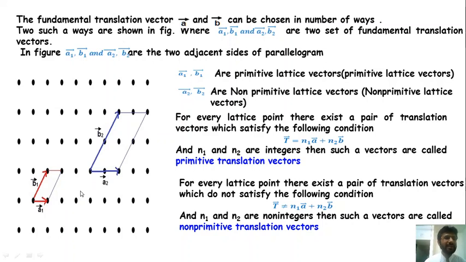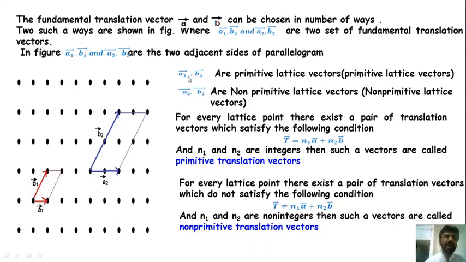Similarly here these fundamental vectors are used to generate a parallelogram. So here this is one parallelogram and this is another parallelogram. Here A1 and B1 are the sides of this parallelogram, and A2 and B2 are the adjacent sides of the other parallelogram.